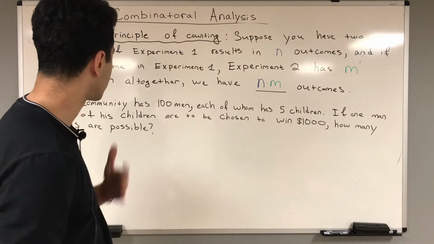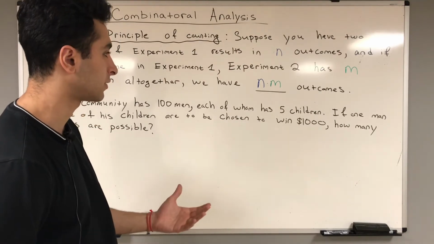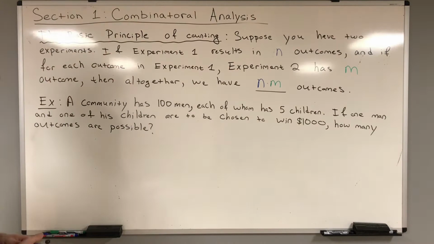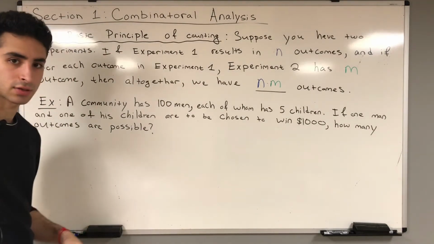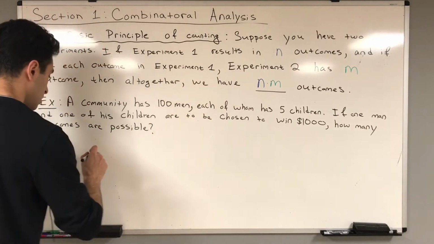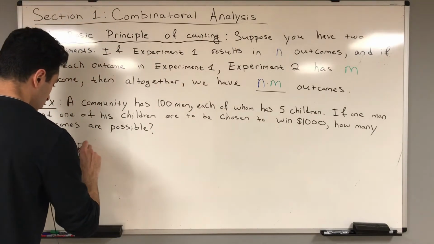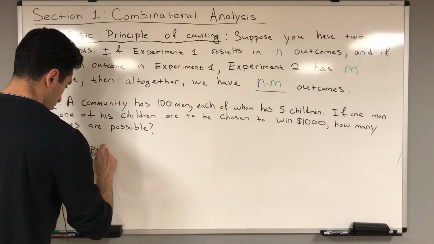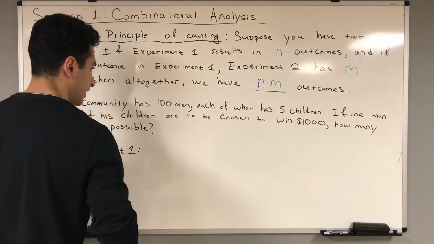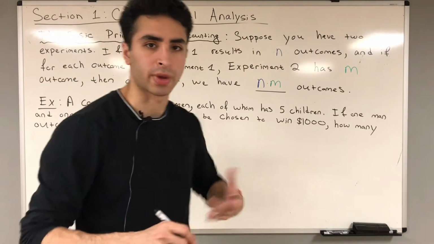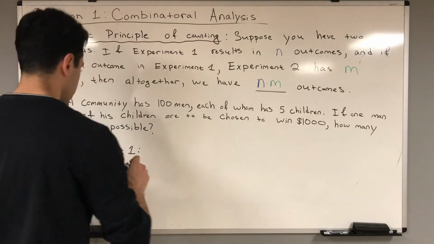If one man and one of his children are to be chosen to win $1,000, how many outcomes are possible? Well, let's think about this. What are the experiments? So, experiment 1 I say is, well, we have to choose one man. Okay, so we choose a man.